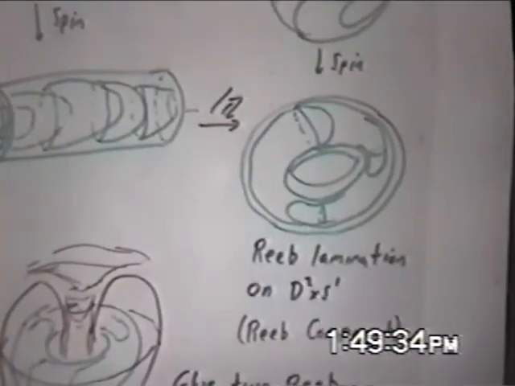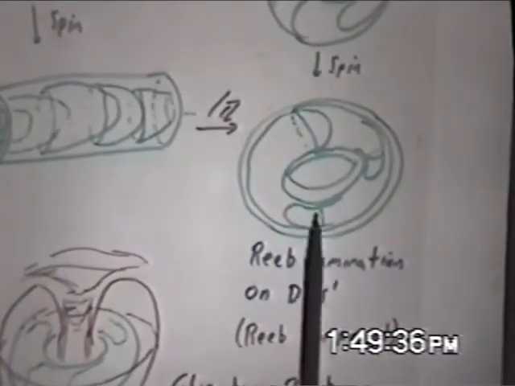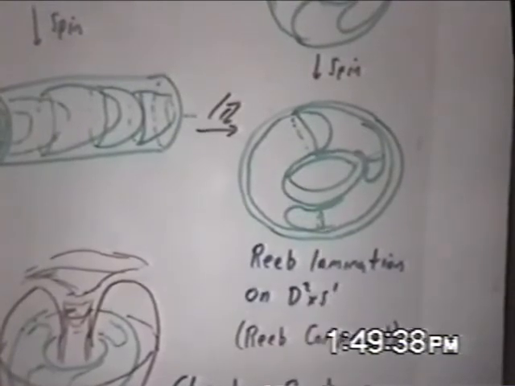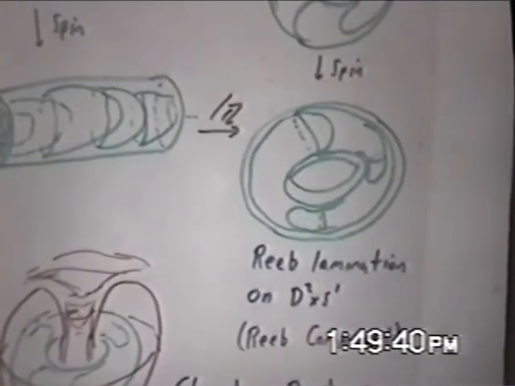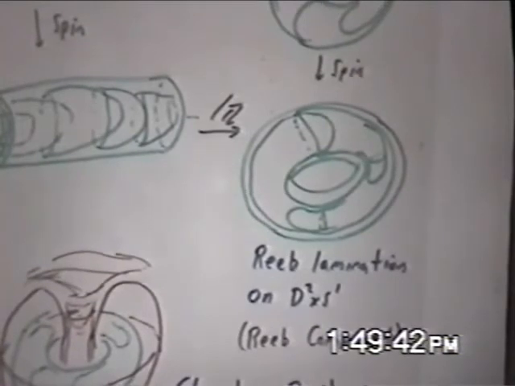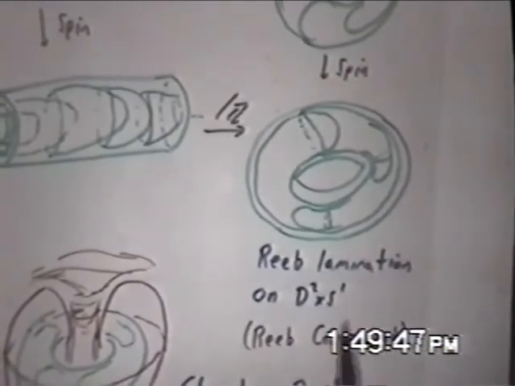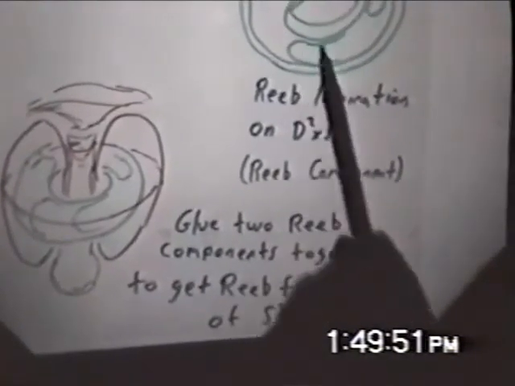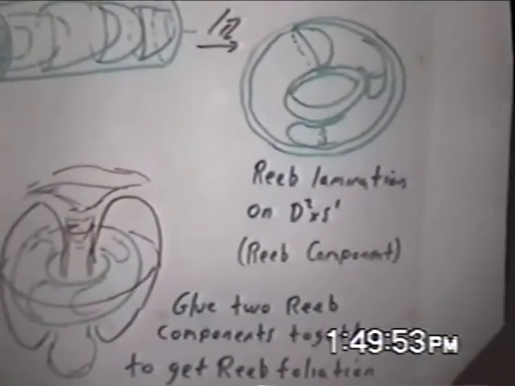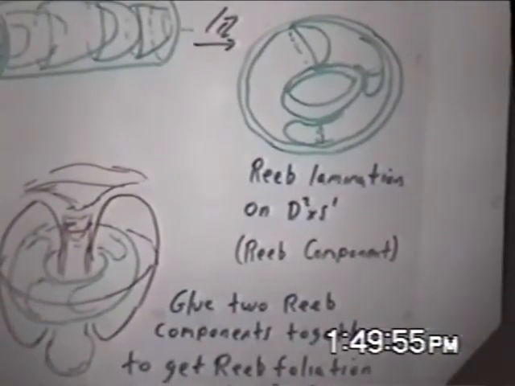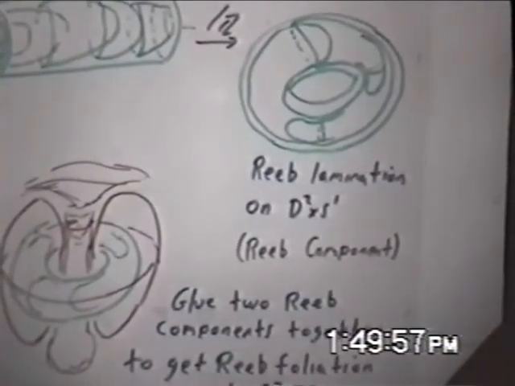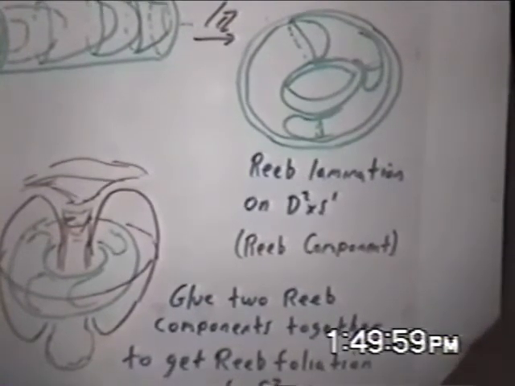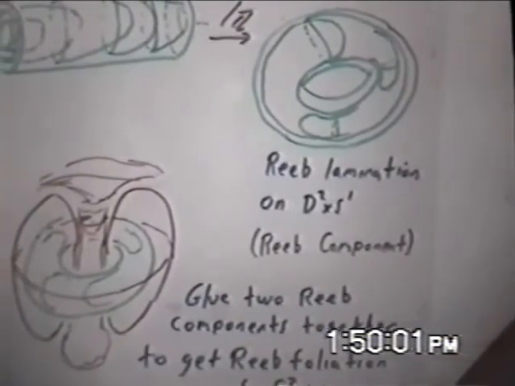And the upshot is a solid torus whose interior is foliated by planes. So this is the Reeb foliation on D2 cross S1. It has the property that its boundary is a torus, and each leaf of the interior is a plane, and it's a foliation on the solid torus.